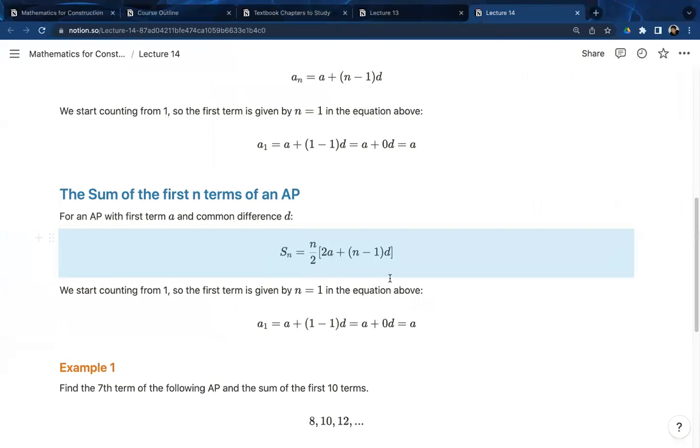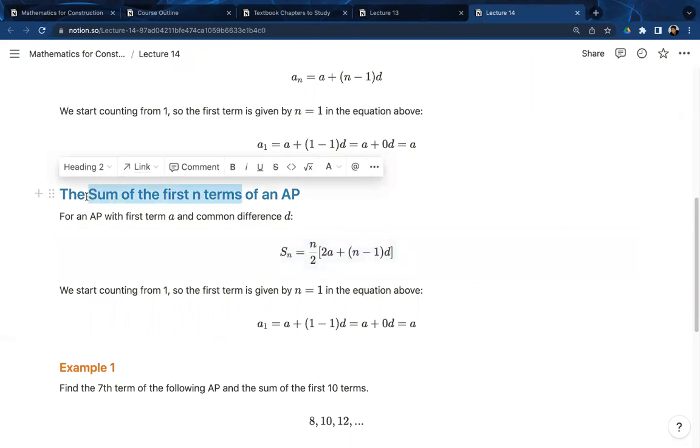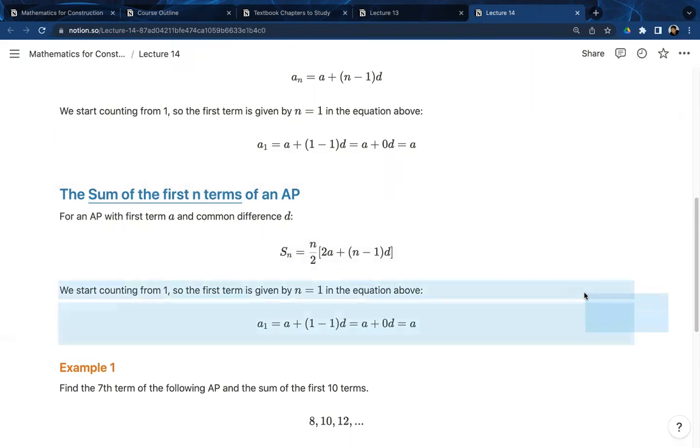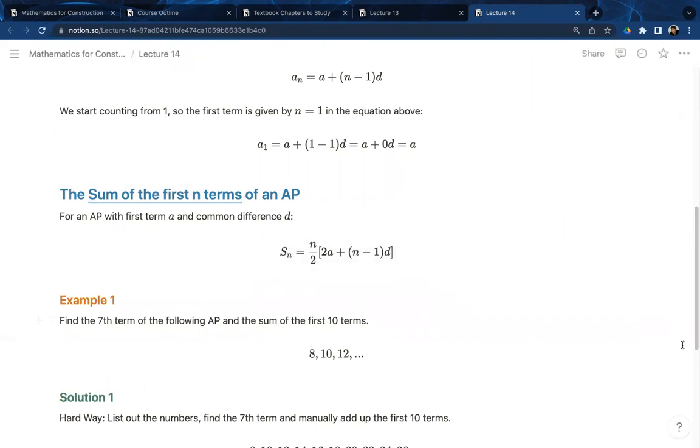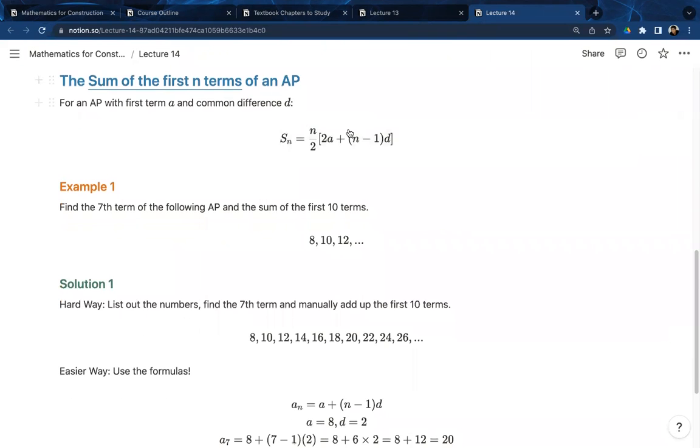So this is the sum of the first n terms. Be careful with that: not any n terms, the first n terms, a1, a2, a3 up until an. That's our formula there. I just need to apply that formula now.